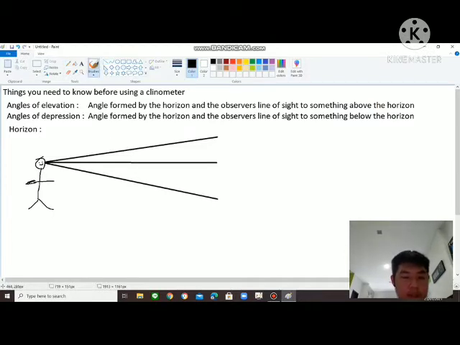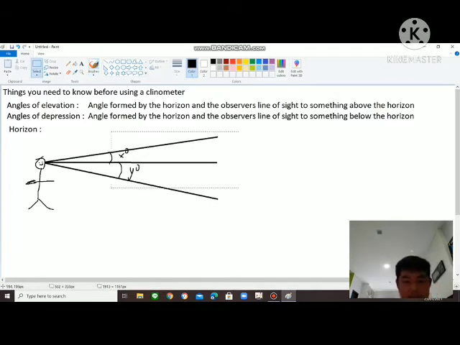Now, this angle, let's say this is x degrees, is your angle of elevation, since it is formed by the horizon and your line of sight to something that is above this horizon. Your angle of depression, let's say y degrees, is formed by this horizon and your line of sight to this thing.